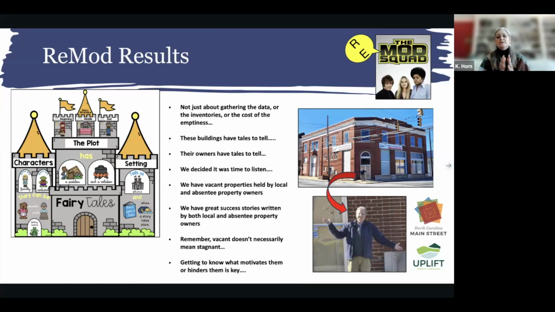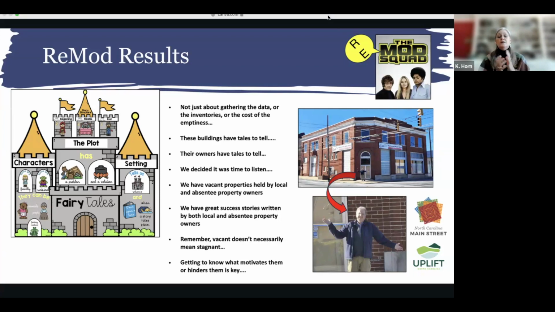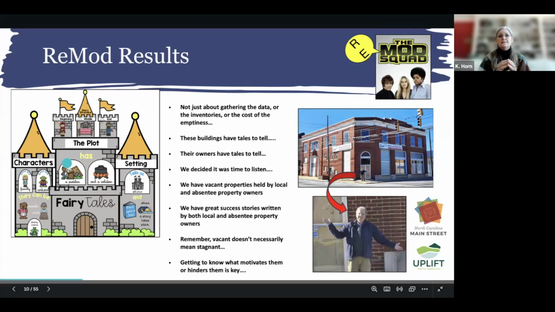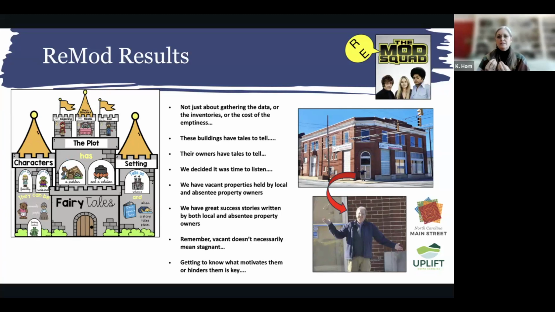We have properties that are held by people not in our community, absentee property owners, but we also have great success stories that are written by both local and absentee property owners. Getting to know what motivates them and what hinders their process from the building standpoint is significantly important.